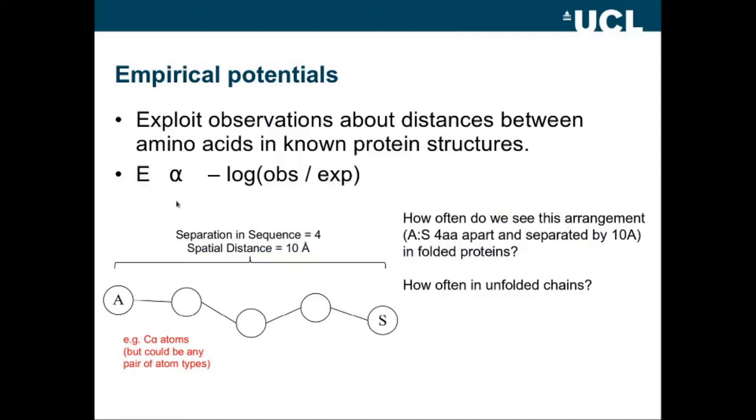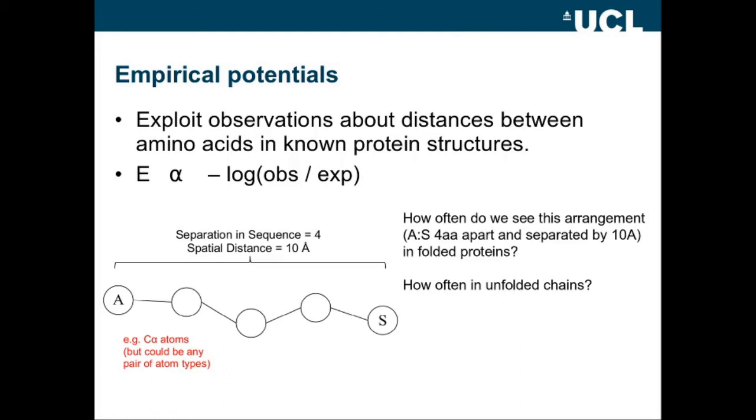Now, if we apply the inverse Boltzmann equation, which relates the statistical observations to energy, and is normally used, of course, for looking at things like the velocities of atoms moving at a certain temperature, we can use a simple logarithm calculation of observations divided by expectations, and the energy is proportional to minus log observed over expected.